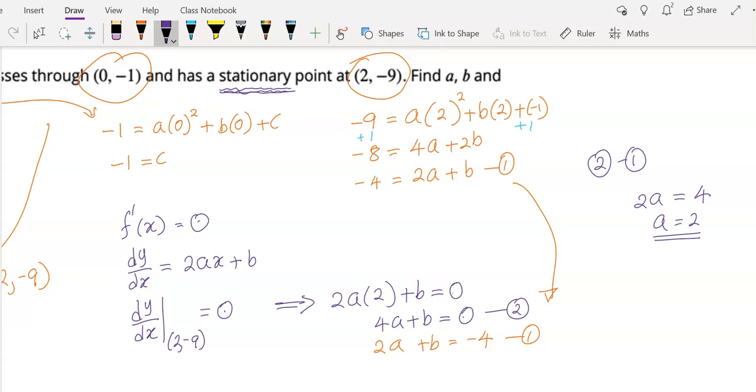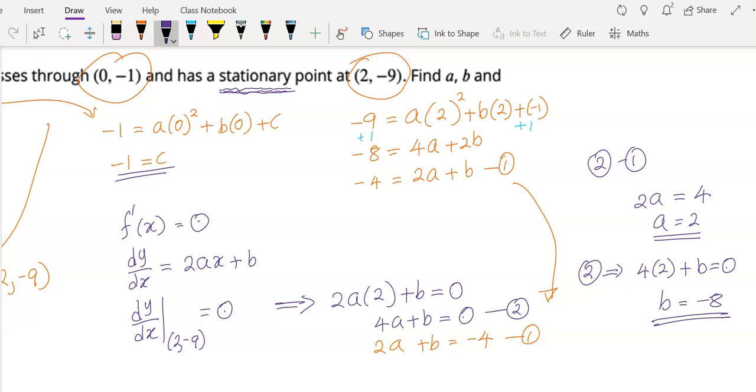We got an answer for a. We already had an answer for c. Now to find b, I can use either number 1 or number 2. I'll go with number 2. So that gives me 4 times 2 plus b equals 0. That gives me b becoming negative 8.